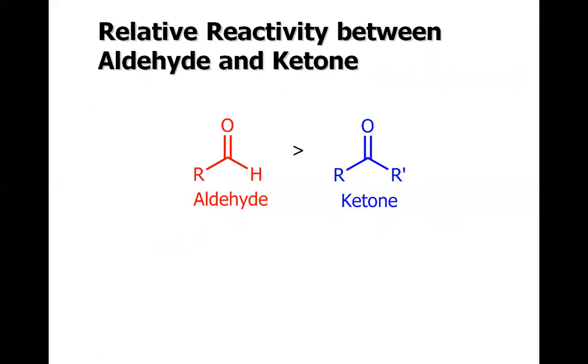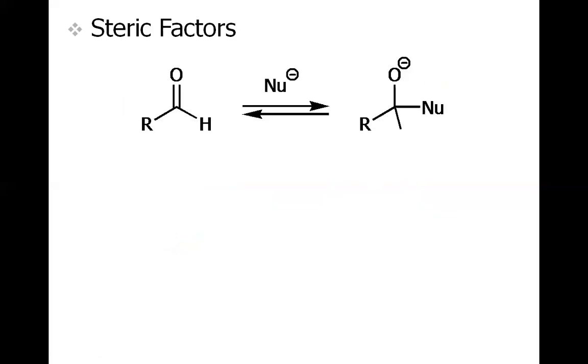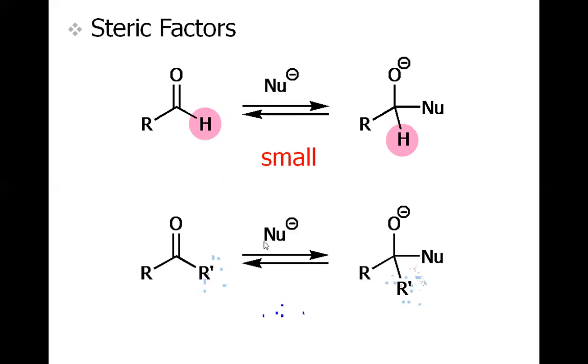Now let us compare the relative reactivity between the aldehyde and ketone. As you know, aldehyde is more reactive than ketone, and there are two reasons for this. One is called the steric reason and the other is called the electronic reason. Let us discuss the steric reason first. H is small in size as compared to the ketone's alkyl group.